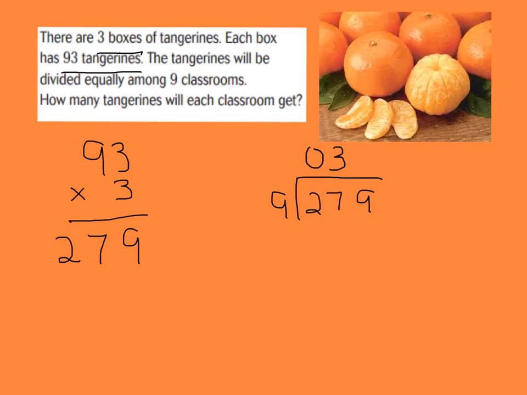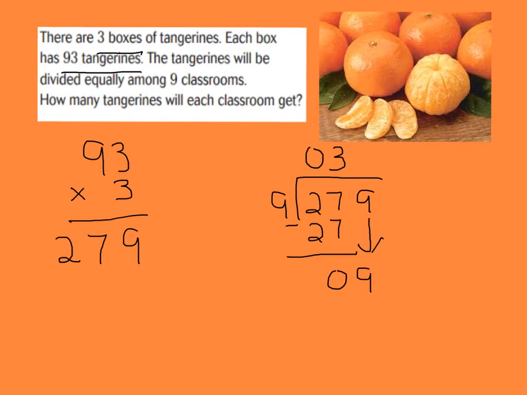So now I'm ready to multiply. 3 times 9 is 27. And when I subtract, I get 0, which is less than my divisor. So I'm good to bring down my next number, which is 9. Now I'm going to start my steps all over again.